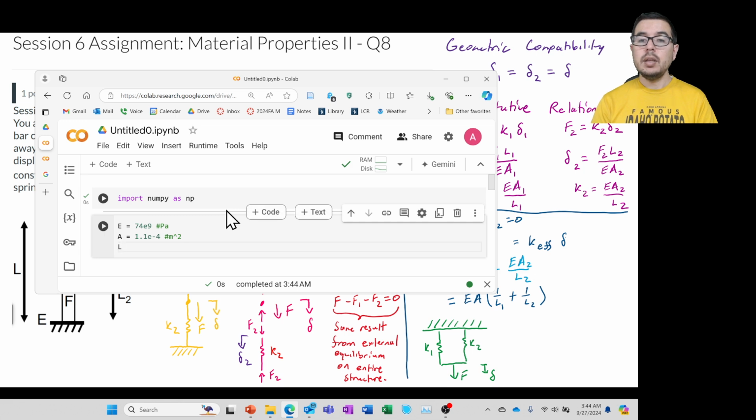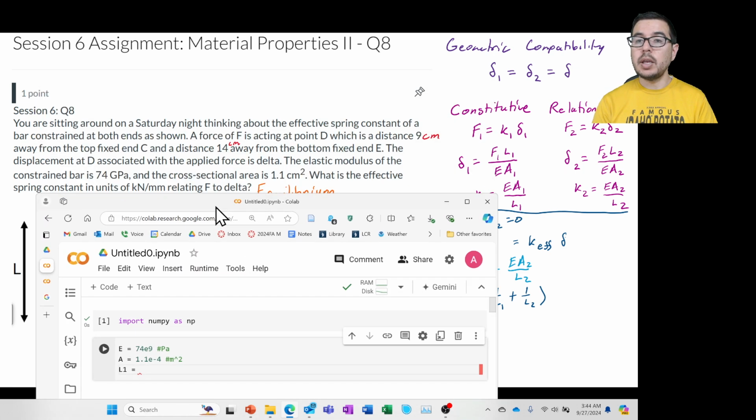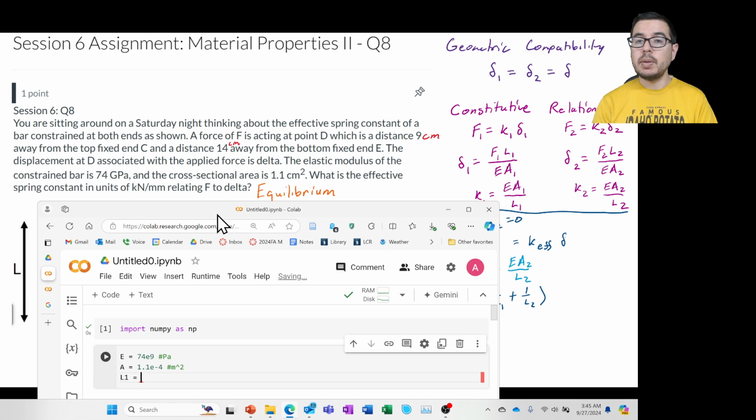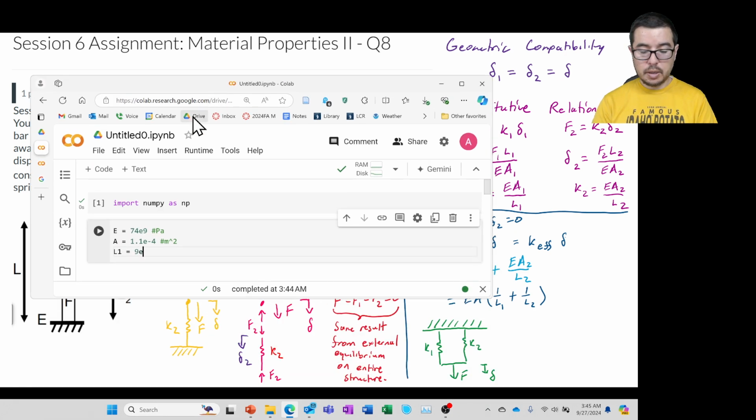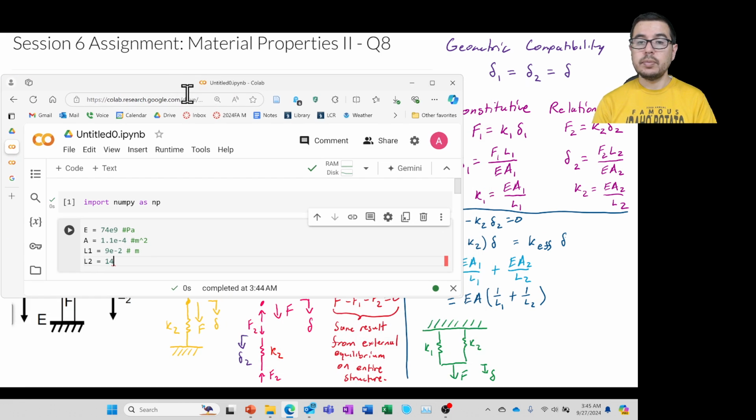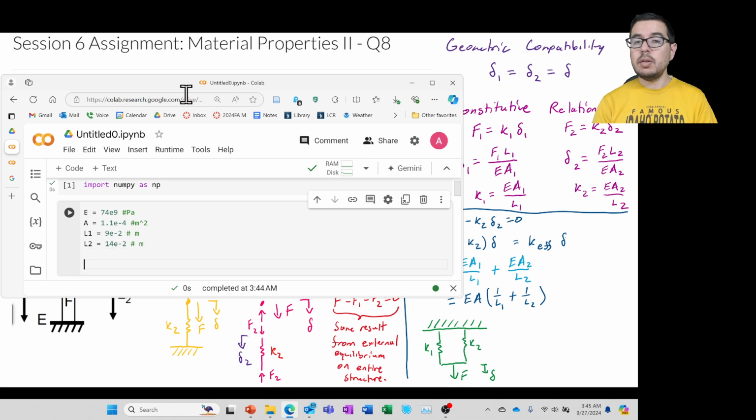The L1 is equal to 9 centimeters, so that's 9e-2 meters, and L2 is equal to 14e-2 meters. And we get the K effective is going to be equal to E times A times 1 over L1 plus 1 over L2, just like that.